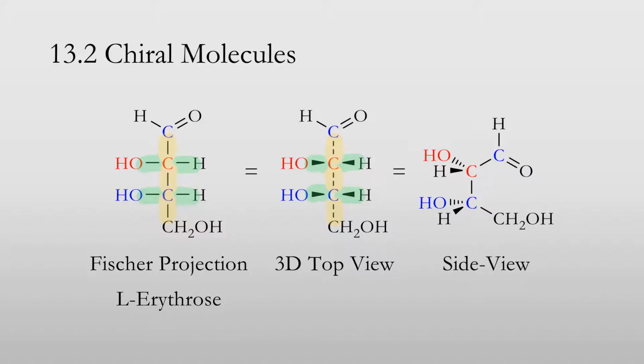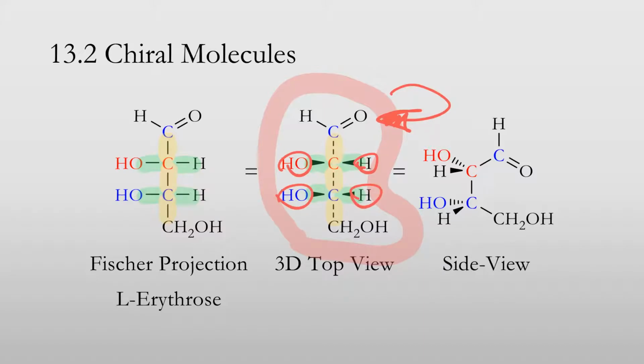And so if you were to take the molecule here and spin it around this way, so you were to get a side view of it, the hydrogen and hydroxyl groups here would be on the left.